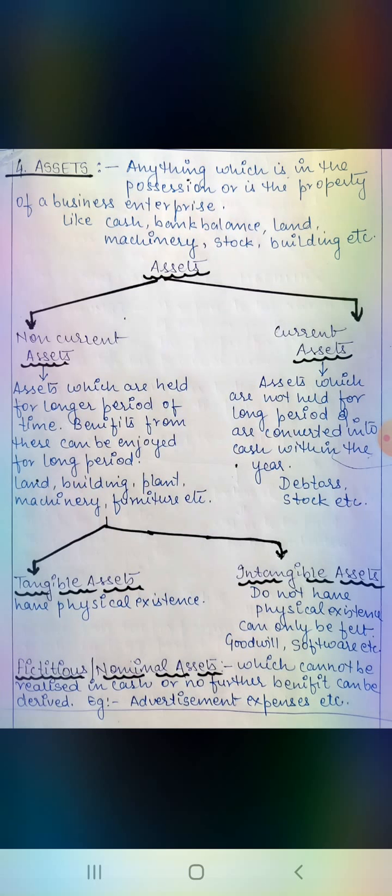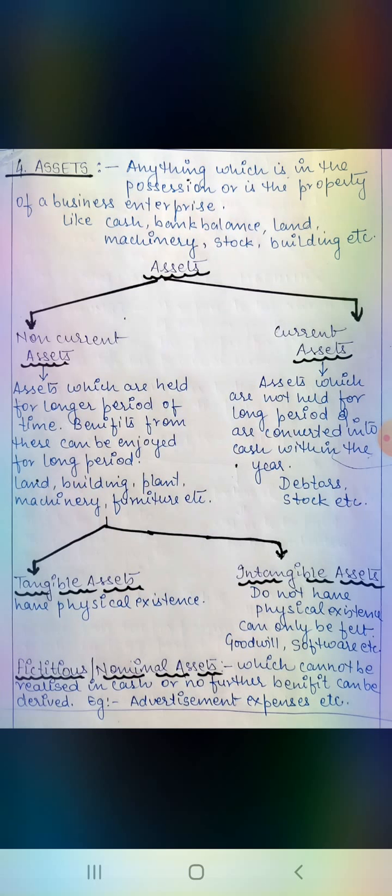The assets which are not changed frequently, once they are established in the business, they remain established for a very longer period of time, and they help the business in producing goods and services, and the benefit derived from these type of assets are for a very longer period of time, such as land, building, machinery.